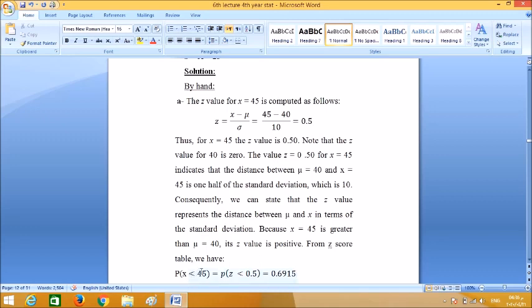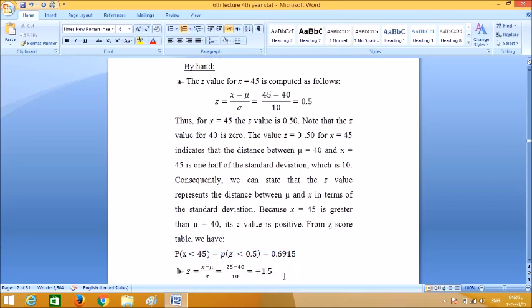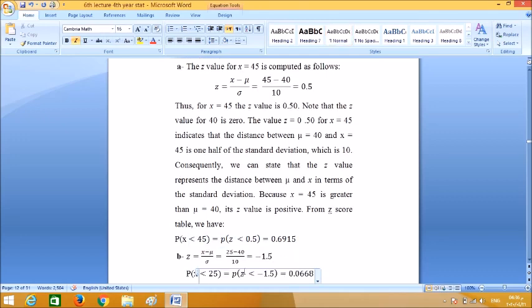P(x less than 45) equals P(z less than 0.5). From the table you can get this probability like this. Number B, when x equals 25, then z equals minus 1.5.